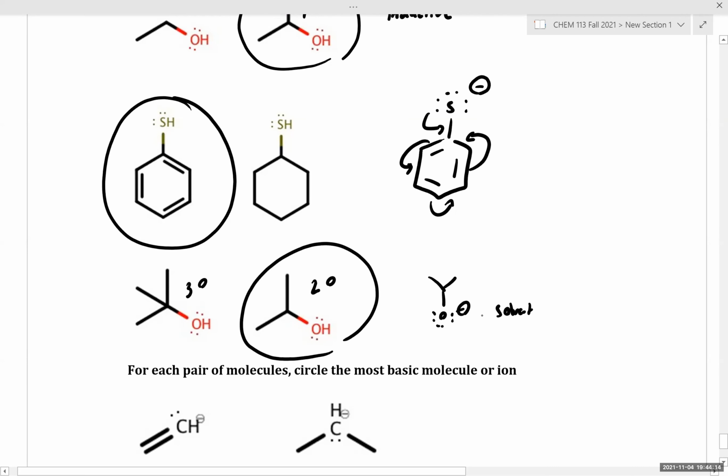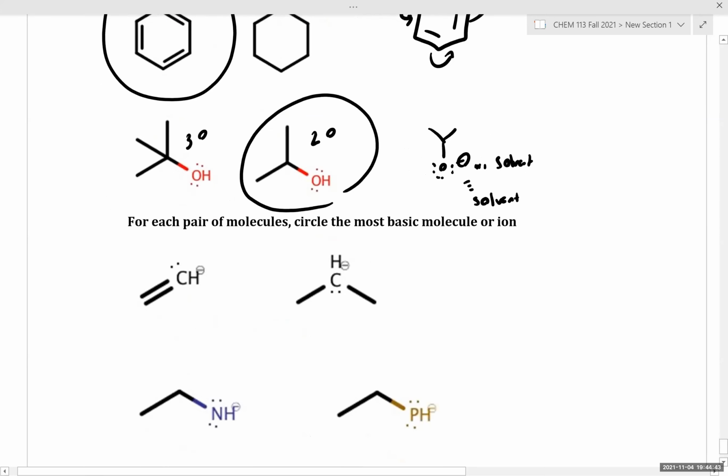There is less steric bulk interfering with ion-dipole and hydrogen bonding interactions with the solvent. This leads to a pKa value difference of about 1 pKa unit, which seems subtle, but that's a 10 times difference in relative acidity and a 10 times difference in relative concentration of the conjugate base and the acid.